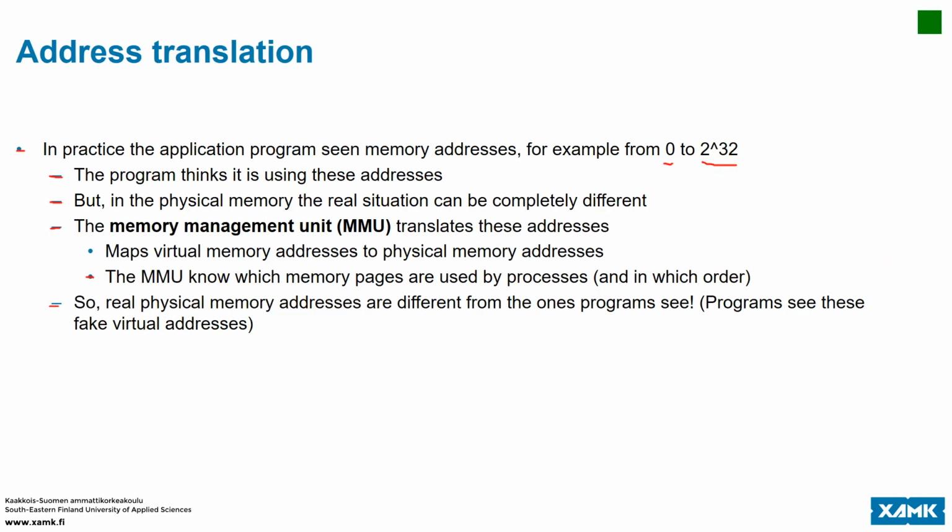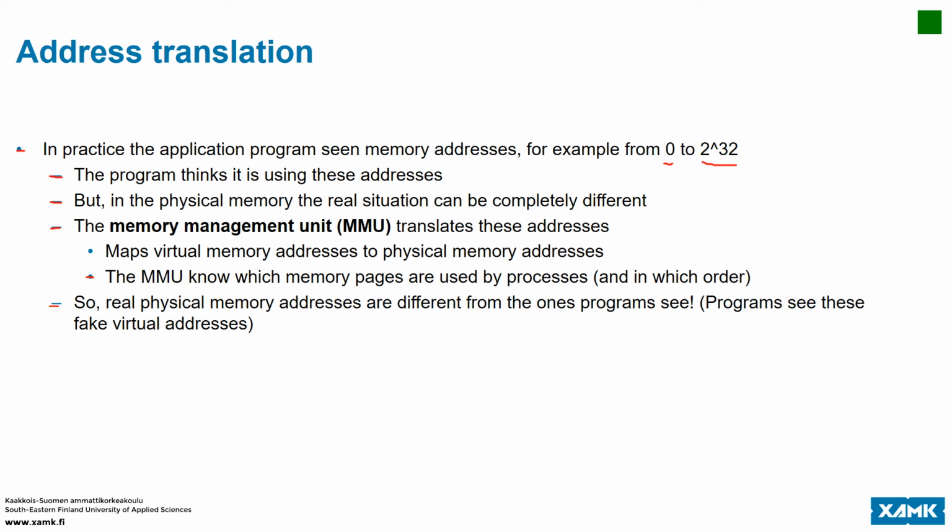In practice, the application programs see some memory addresses, for example from 0 onwards to whatever is the last remaining memory slot. And the program thinks it's using these addresses. But in the physical memory, the situation is completely different. That is where an operating system component called the Memory Management Unit, or MMU, translates these addresses.